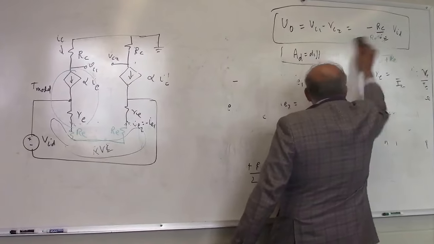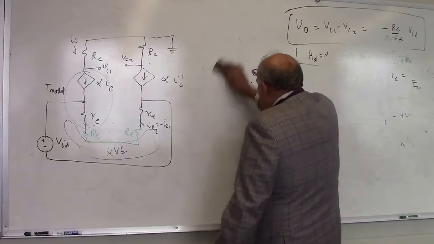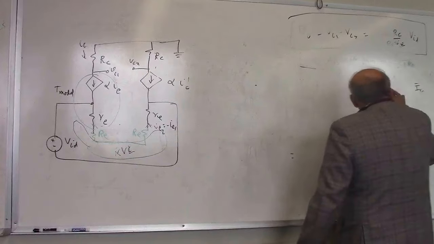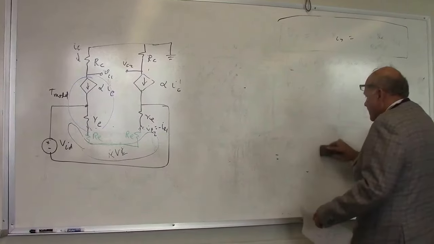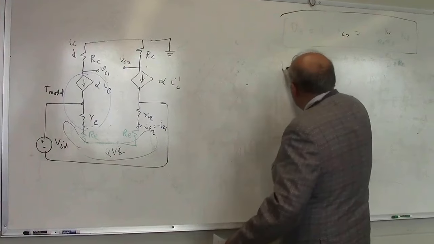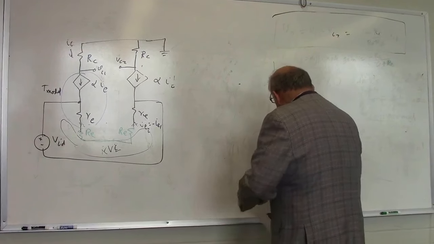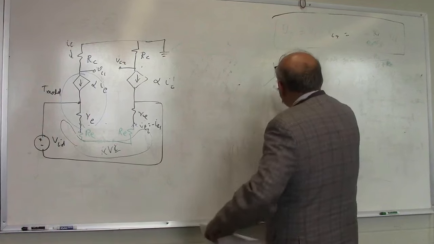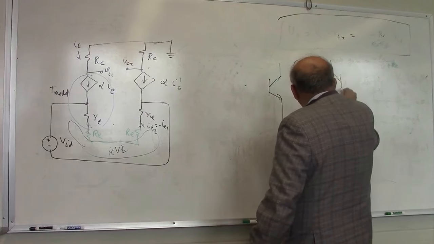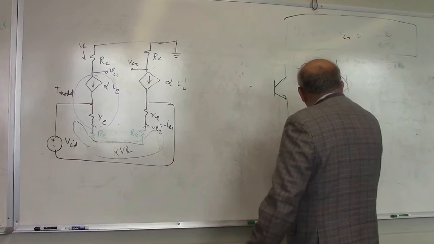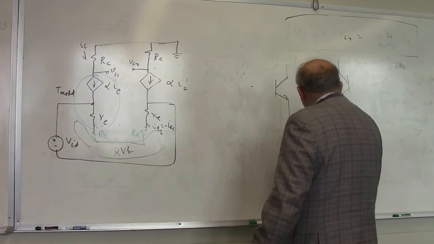So, now let us try to build that current source. And we can do it simply like this. So, we have a transistor like this. And what we will do is we'll just put a large resistance here.